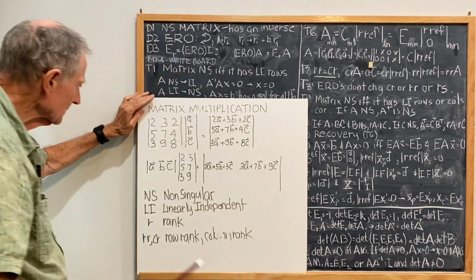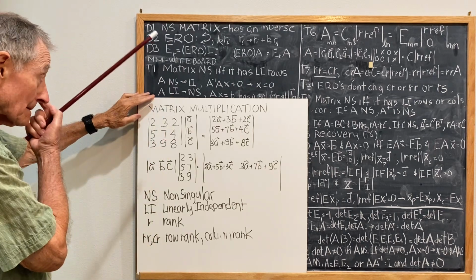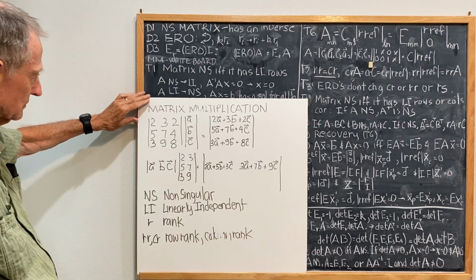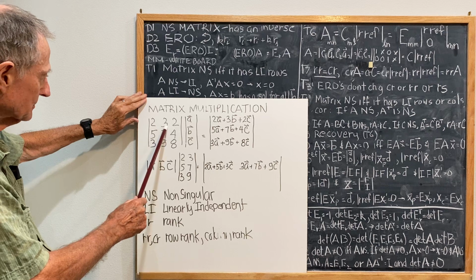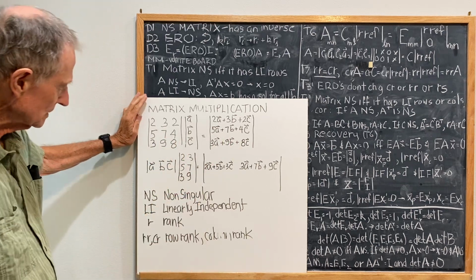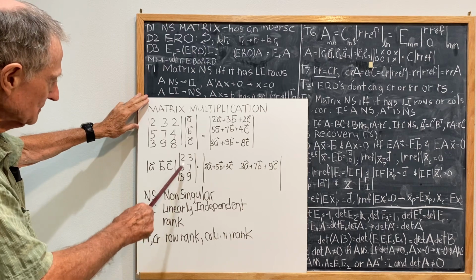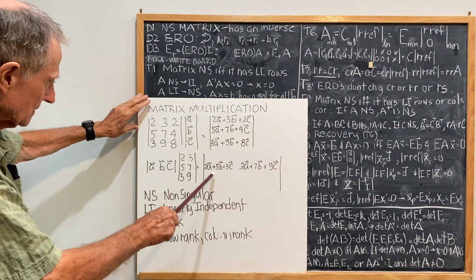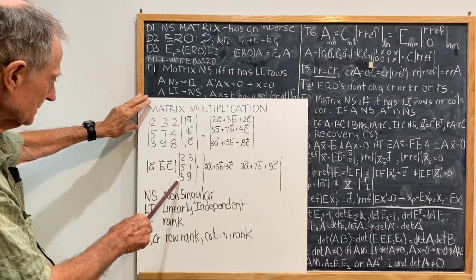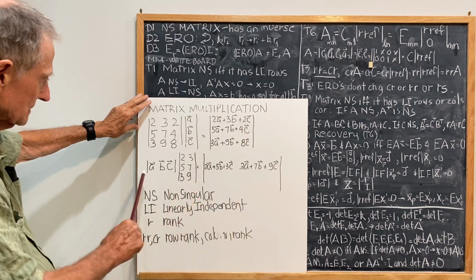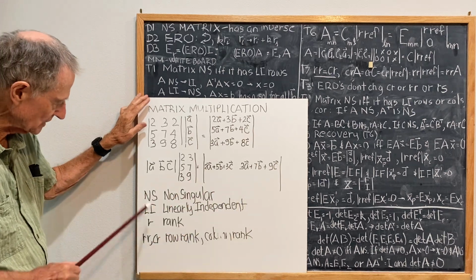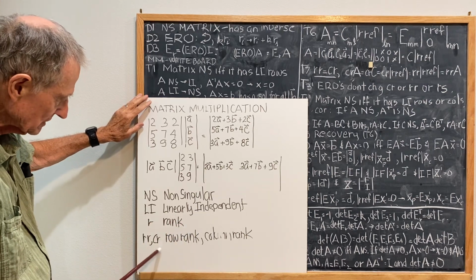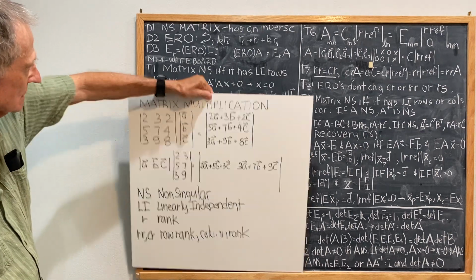In the first, I'm going to multiply scalar rows times a column of row vectors, where the first row, for example, is 2 times A, 3 times B plus 2 times C. In the other variation, I'm multiplying columns of scalars times columns of row vectors, where the first column, for example, is 2A plus 5B plus 3C, and the second column is 3, etc. I'm going to use some abbreviations: NS, non-singular; LI, linearly independent; R, rank; RR and CR, row rank and column rank.